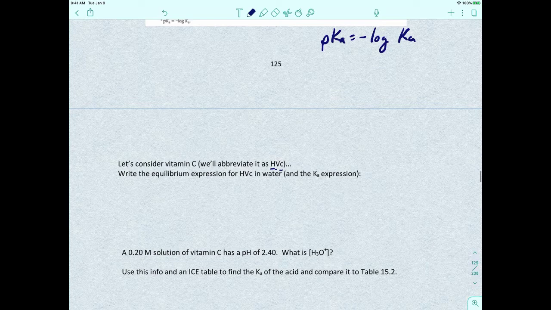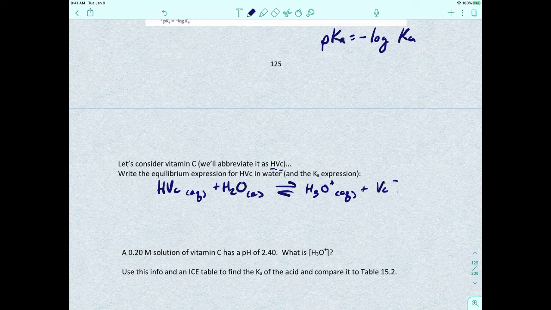So if we're going to write the equation for this, ascorbic acid, vitamin C, reacts with water and is in equilibrium with, you can guess it, H3O+ and VC-, the vitamin C ascorbate ion.